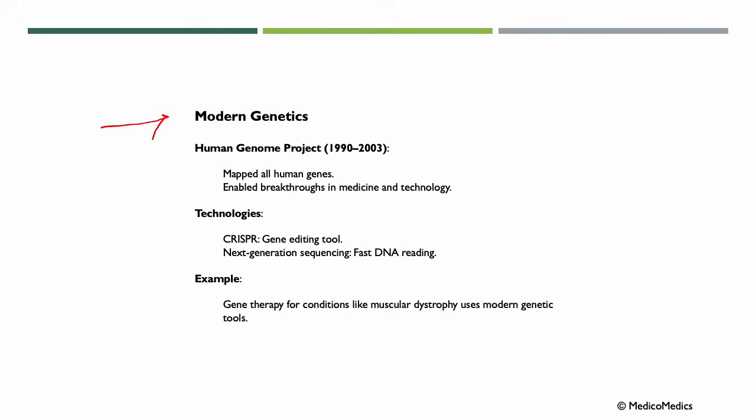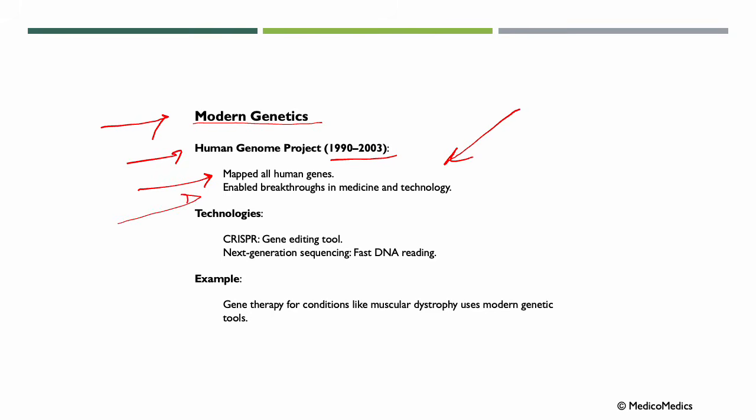And further, moving into modern genetics, we've had the Human Genome Project that went on from 1990 to 2003, where we mapped all human genes. And this means that, similar to creating a GPS for the human body, it helps us to develop better treatments for diseases.